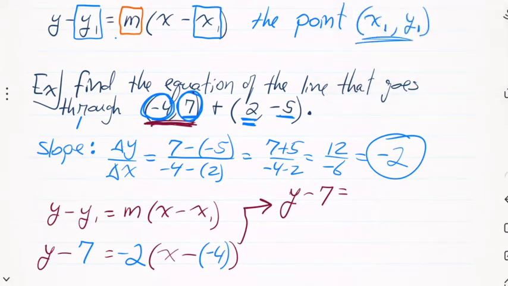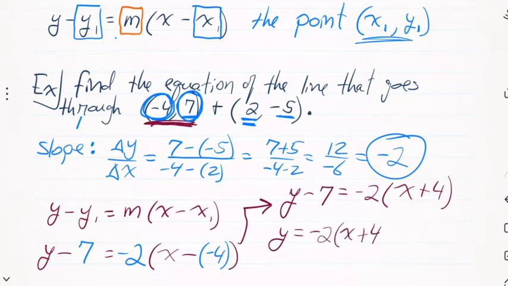And y minus 7 equals negative 2 times the quantity, and I'm going to simplify this. Negative negative makes it a positive. All right, so we can distribute the negative 2 and add a 7 across. But in this computer system, you can actually write this and it'll mark it right.